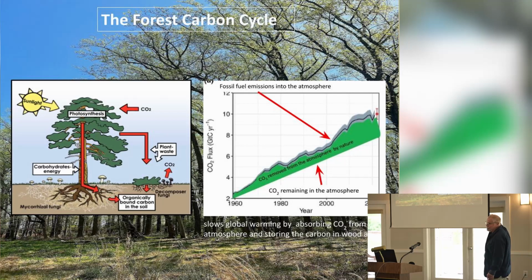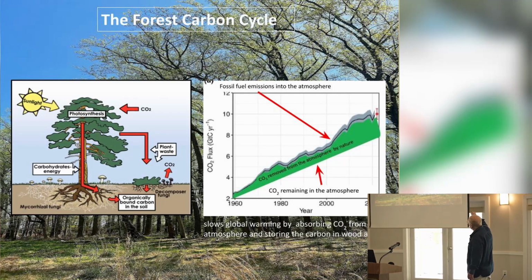Now we're at 420 parts per million. And if this didn't happen, we would be at 500 parts per million, which is something we expect by 2030 or 2040. So there's this service that's being provided by nature that's slowing the effects of climate change by absorbing the CO2 out of the atmosphere. And a big component of this is carbon stored in the trunks of trees.